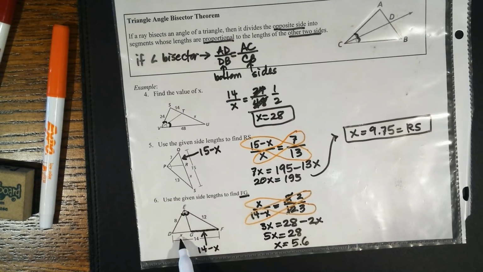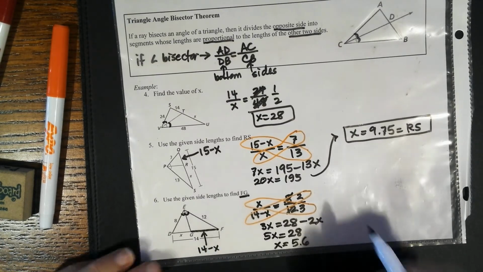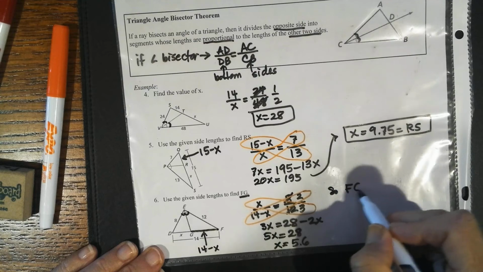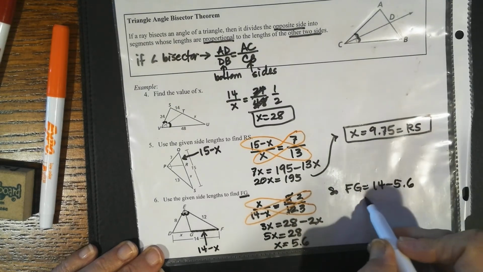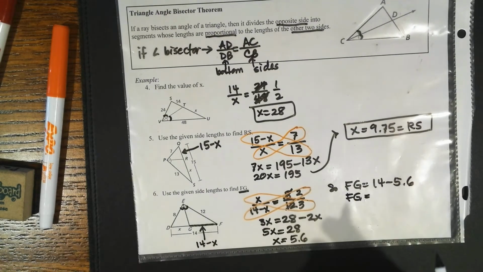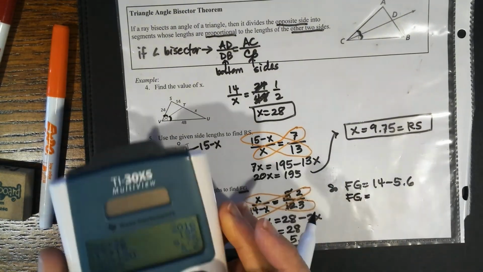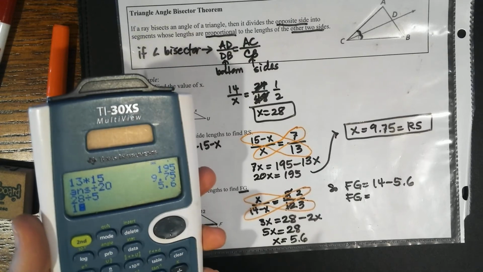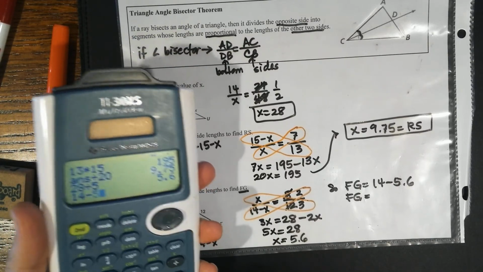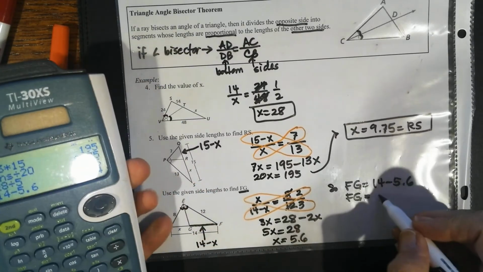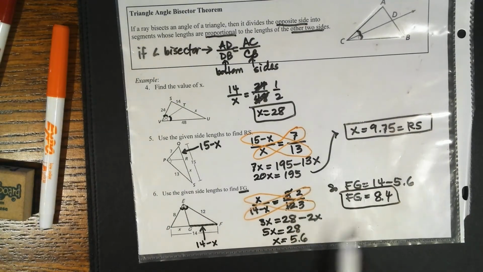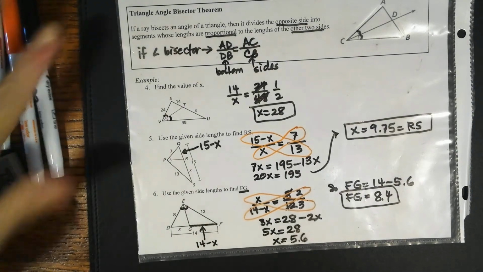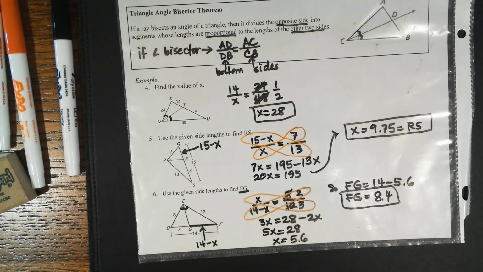X is here. FG is 14 minus x. So, to find FG, I have to subtract this. Okay. Let me go ahead and subtract 14 minus 5.6, and I get 8.4. So the process was the same, but you had an extra step because you had to answer something differently. So this is all the notes we're going to do for today.